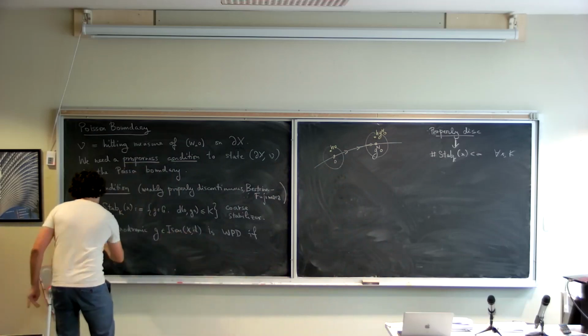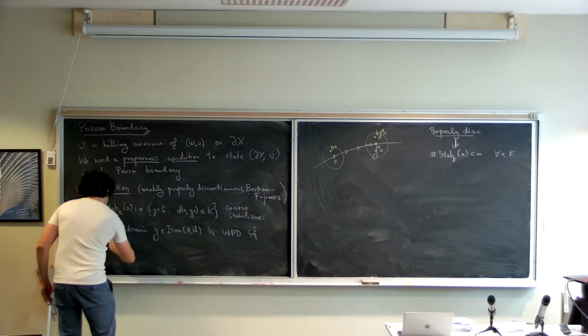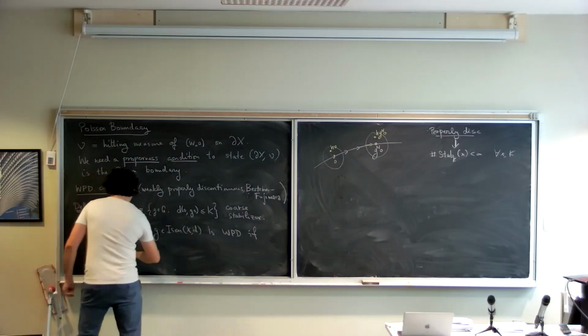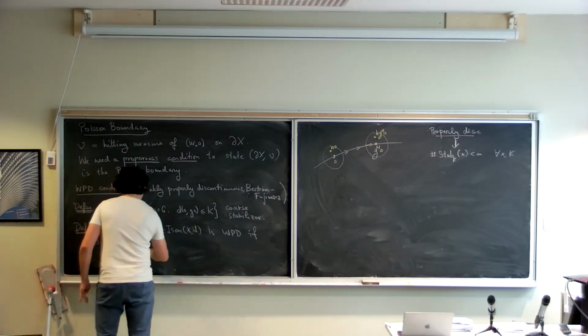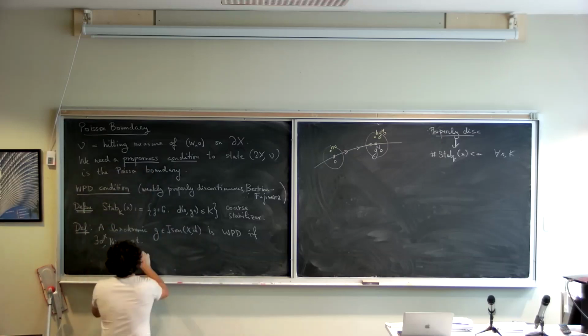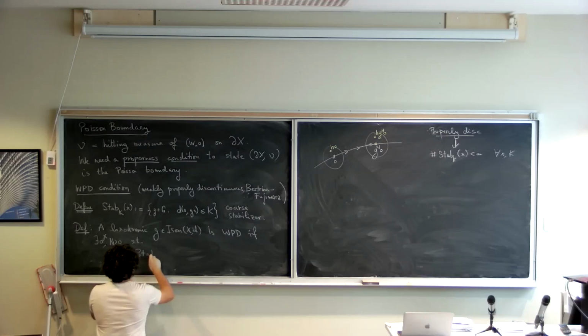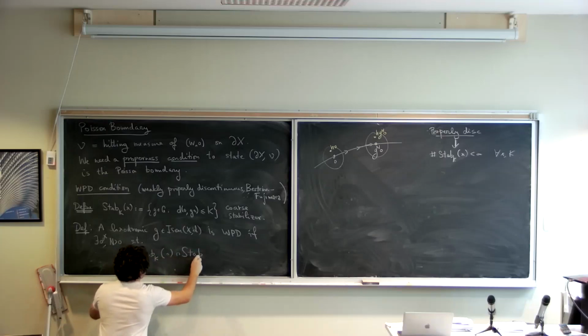So if there exists some O and some n such that the coarse stabilizer of O and the coarse stabilizer of g^n O is finite.